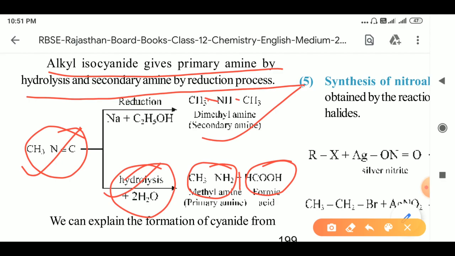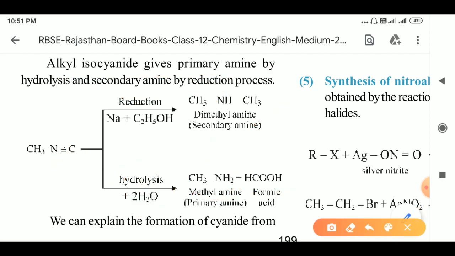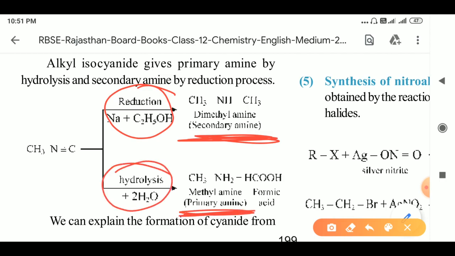So what is important? After reduction it gives a secondary amine, and after hydrolysis it gives a primary amine. These are the two important reactions of methyl isocyanide.